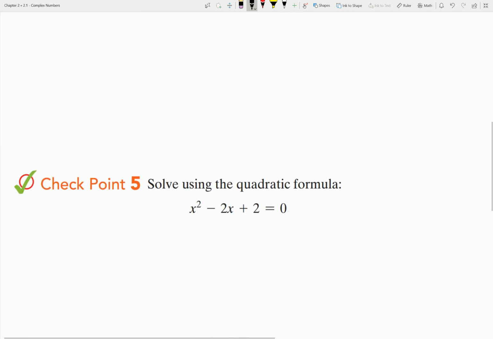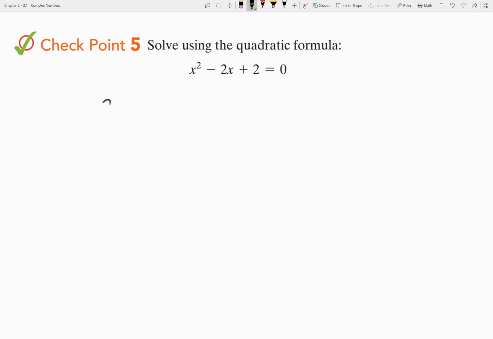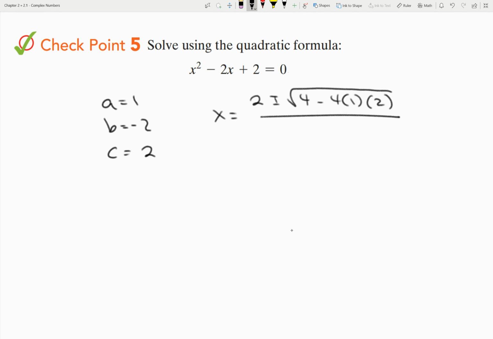Now let's try it again. So solve this quadratic formula. So a is 1, b is negative 2, c is positive 2. Just looking at it, I would first try to factor it, which you can't. And now I would use the quadratic formula. Negative b is going to be a positive 2 again, plus or minus 4 minus 4 times 1 times 2, all over 2 times a. 2 plus or minus the square root of 4 minus 8 is going to be negative 4 over 2.